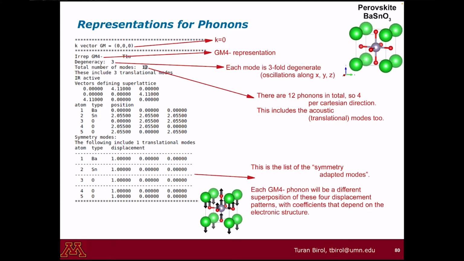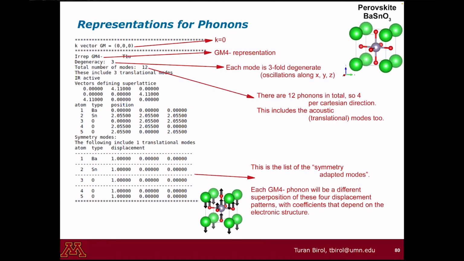The total number of modes is 12, which means that there will be 4 separate sets of 3-fold degenerate modes. So I will end up with 4 different sets of gamma 4 minus modes. So remember that in the earlier slides, we saw actually 4 gamma 4 minus modes and 1 gamma 5 minus mode, right?